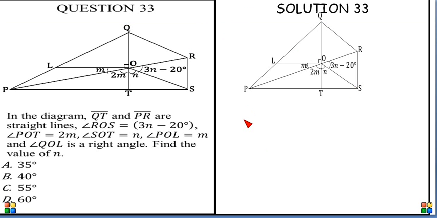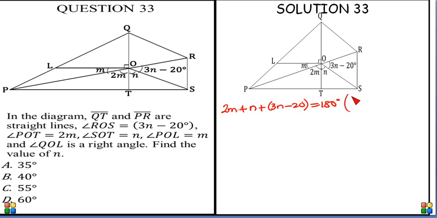Starting, if we consider this line PR, and we look at the lower side of it, all these angles add up to 180 because they are on the straight line: 2m, n, and 3n minus 20. So I start by saying angle 2m plus angle n plus angle 3n minus 20 will be equal to 180.